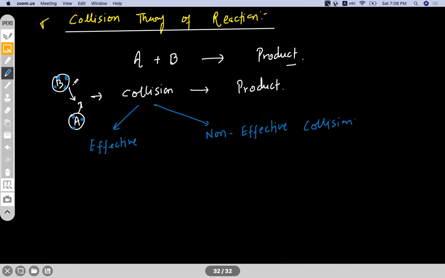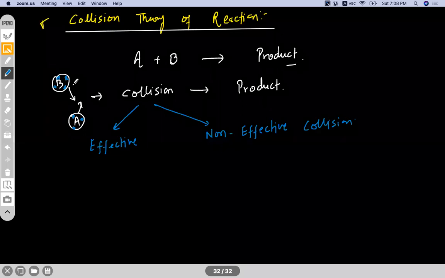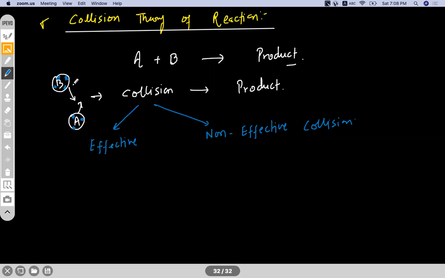So we are going to discuss the two barriers here. Both barriers are equally important in order to give the product. If one condition is not satisfied, product won't form. In all reactions, reactant molecules collide and give product. All those collisions which give product are called effective collisions.